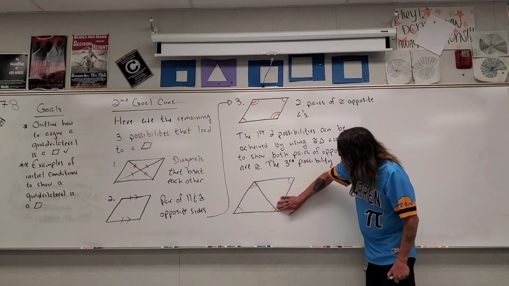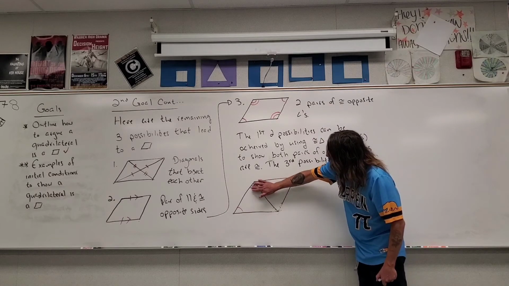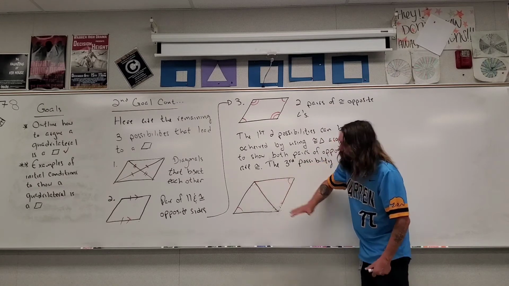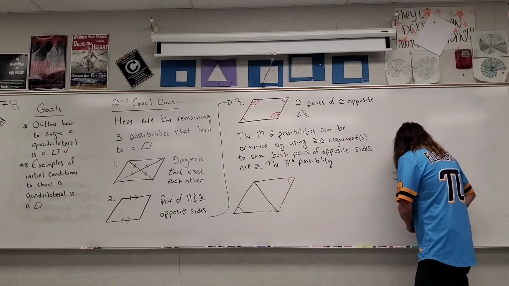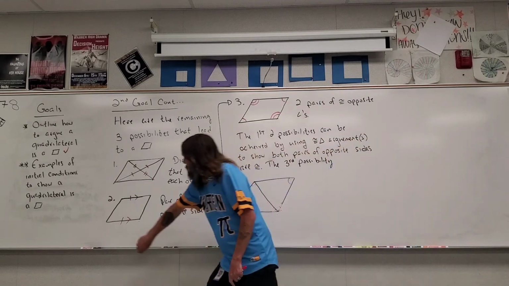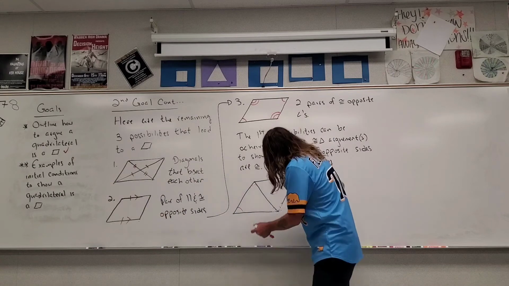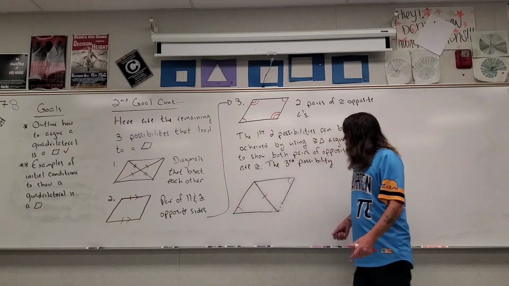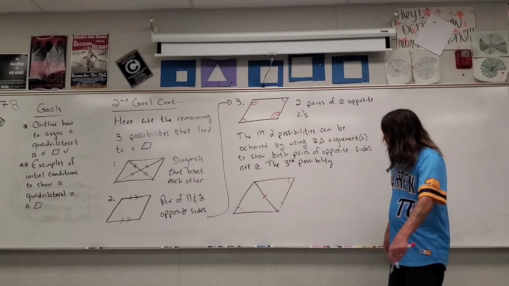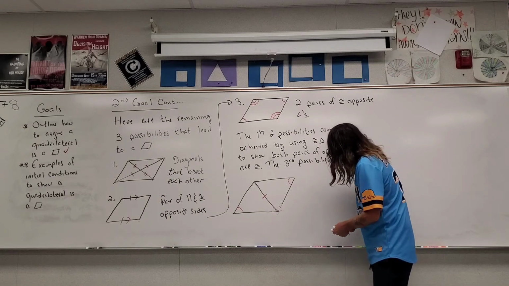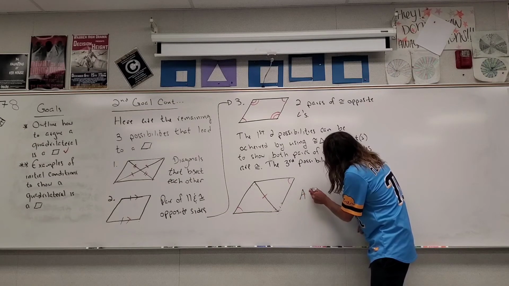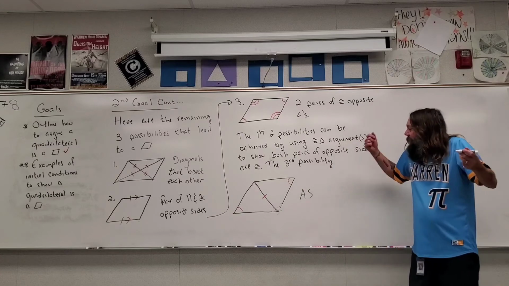I don't know if these angles are congruent because I don't know that these sides are parallel. Remember, we're trying to argue that they're parallel. But I do know that I have a shared side, so I have a congruent side.